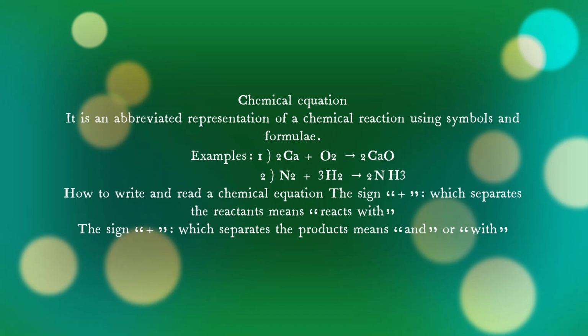In balancing a chemical equation, the coefficient 1 is not written. It is not necessary to write 1 as a coefficient, as a stoichiometric number. Don't write 1, it is not necessary.